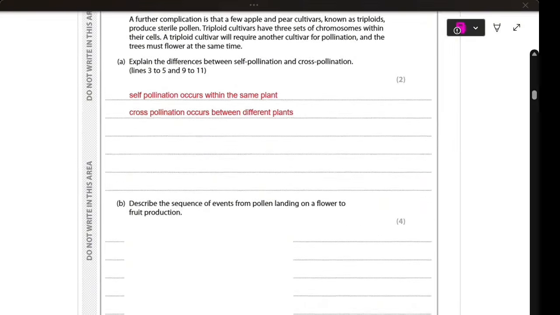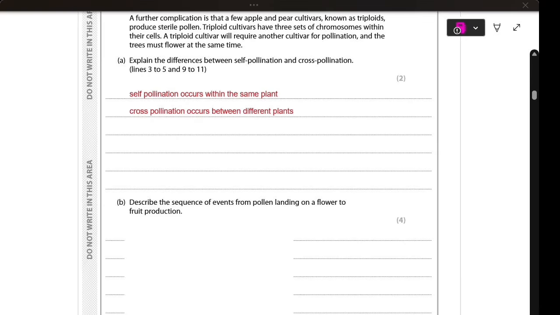Then we have, describe the sequence of events from pollen landing on a flower to fruit production. So first, when the pollen lands on the stigma, it releases digestive enzyme which digests the style to produce a pollen tube which grows down the style and joins with the ovule through a gap which is called the micropyle.